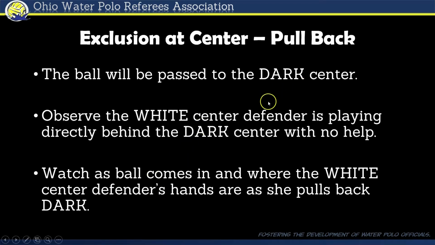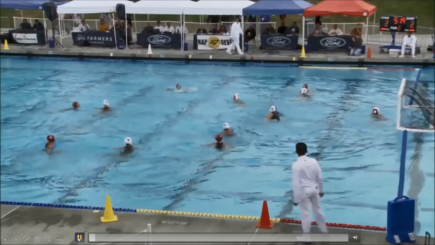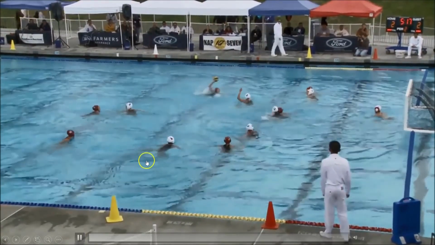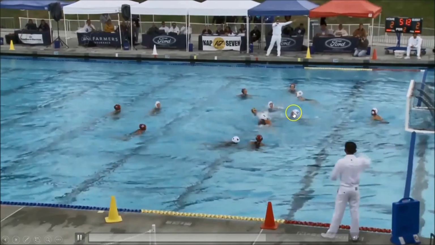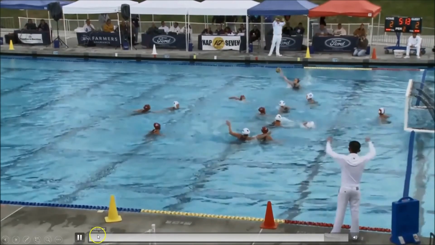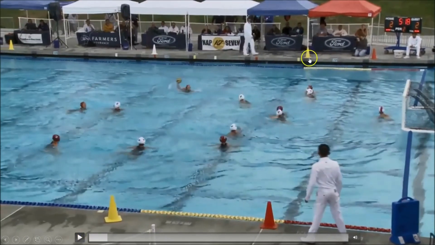Let's watch another one here. The ball is going to be passed to the dark center. Oh, that might be the same one. Oh yeah, it's the exact same goal, just at the other end. So, ball's going to come in. The white center's playing behind. See that right hand's down. Ball comes in. This is where we talk about the part of the pool. Remember, these cones are going to be out at 6 meters now.